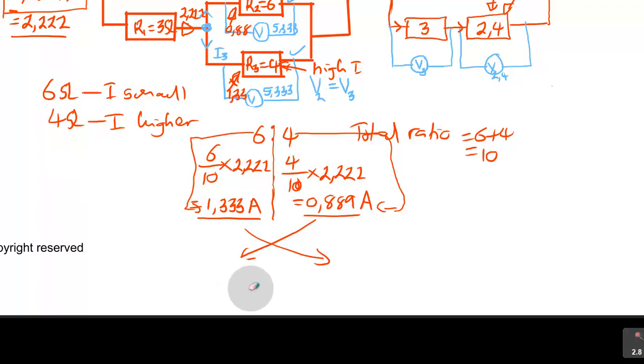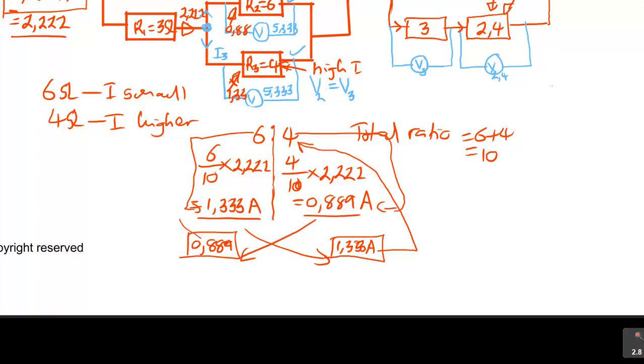Let me not confuse you here. When you interchange, this current, 0,889, comes here, and this current, 1,333, comes here. So in reality, the 1,333 A is the one flowing through the 4 ohms, and 0,889 is the one flowing through the 6 ohms.